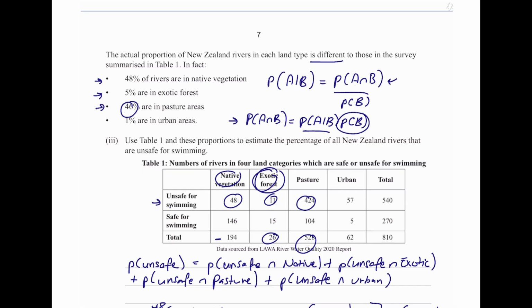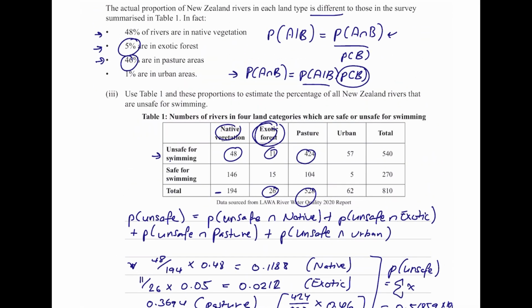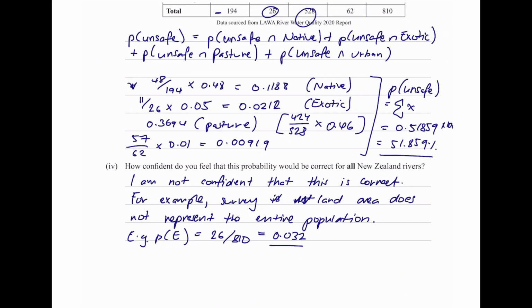Now, we're told that the actual percentage is 5%, right? So this is 3.2%, but reality is that it's 5%.